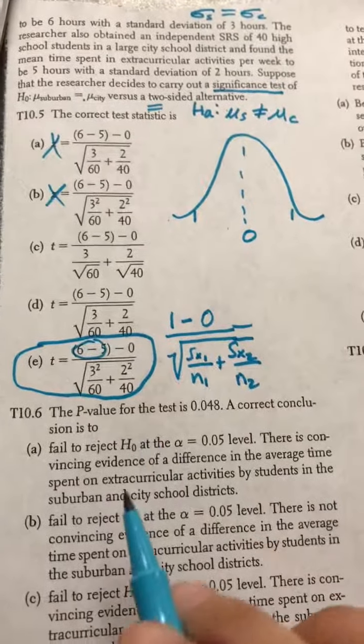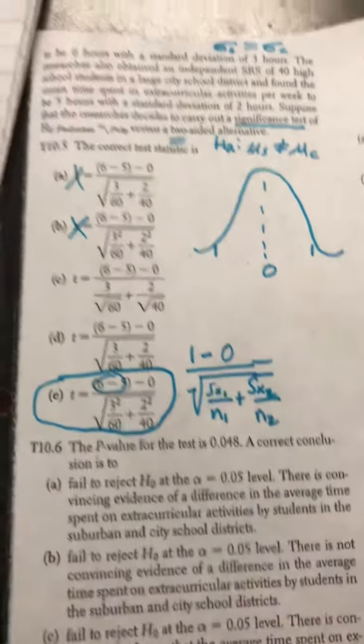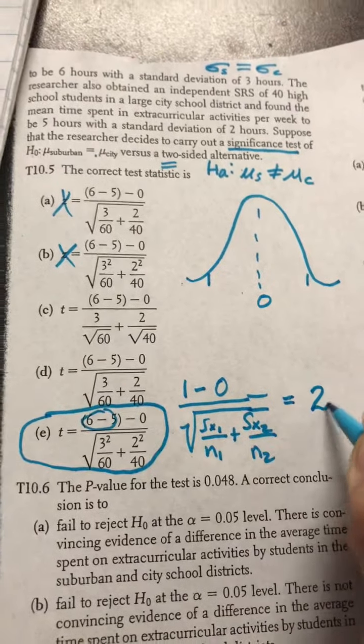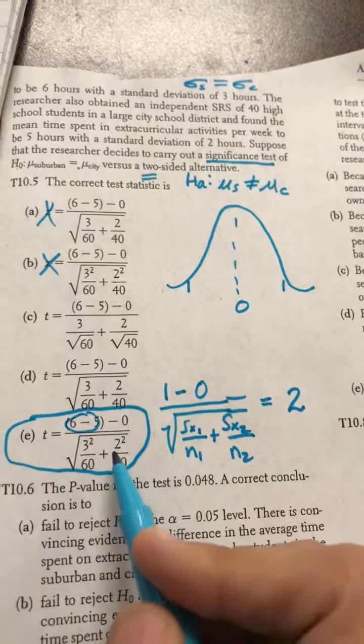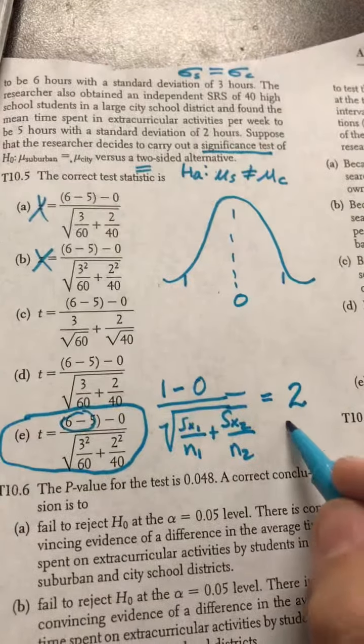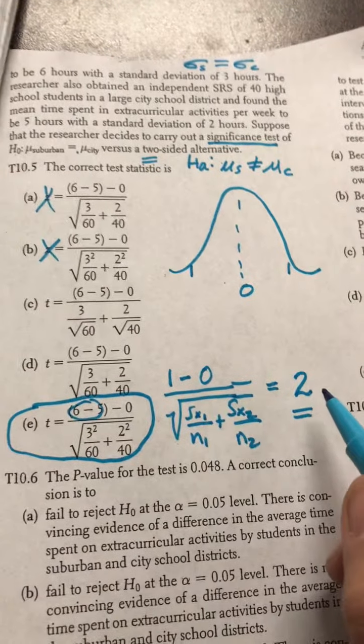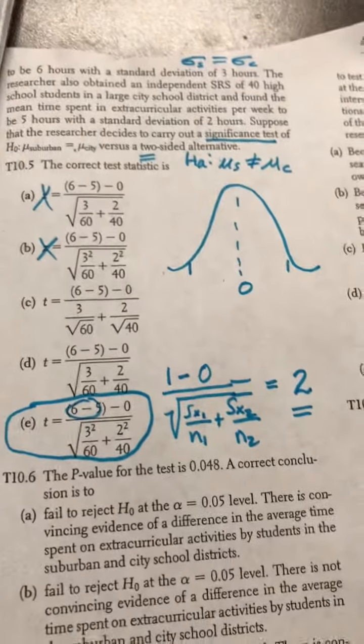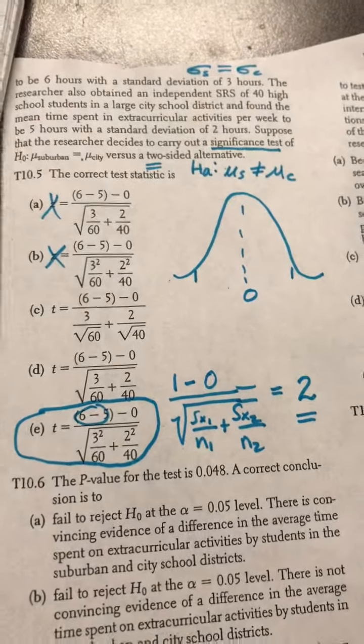Now, continuing on, they actually calculated a p-value. So I went to the trouble of actually figuring out what that number would be, and I got the number 2. So that's pretty extreme, isn't it? 2 standard deviations away from the mean. It was a pretty shocking number.